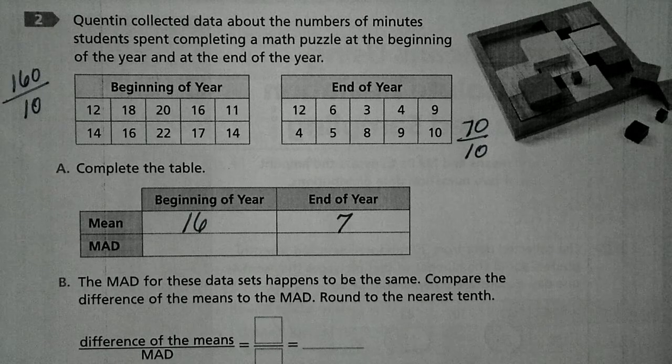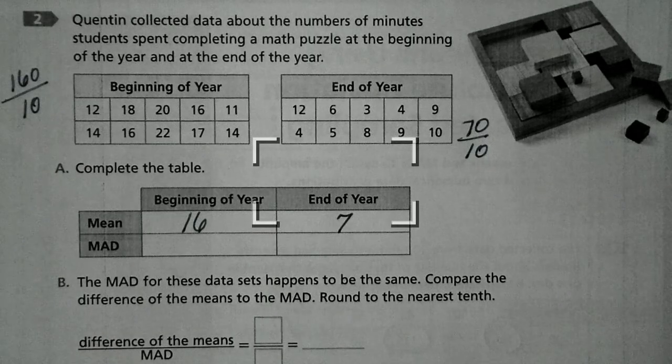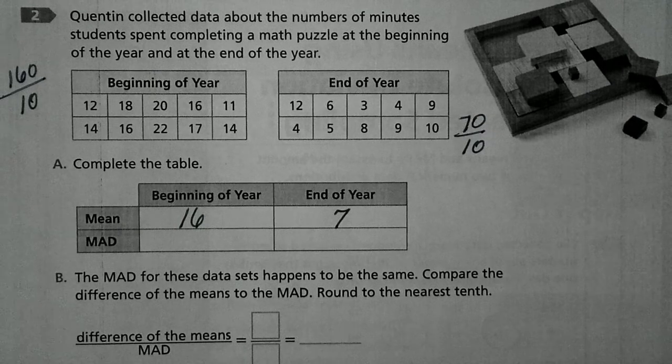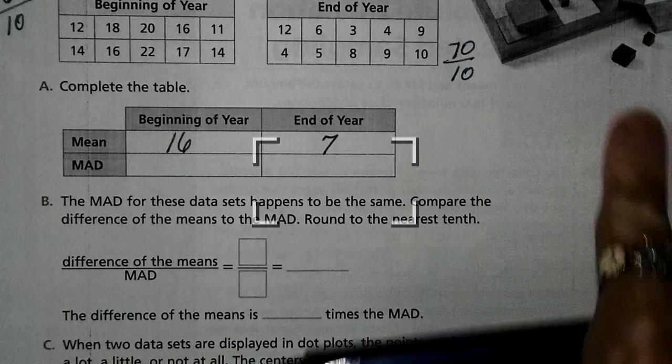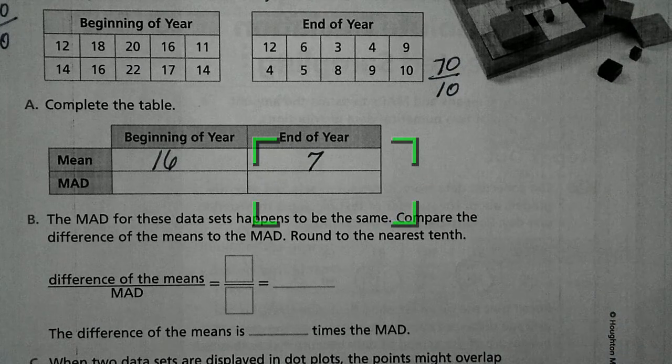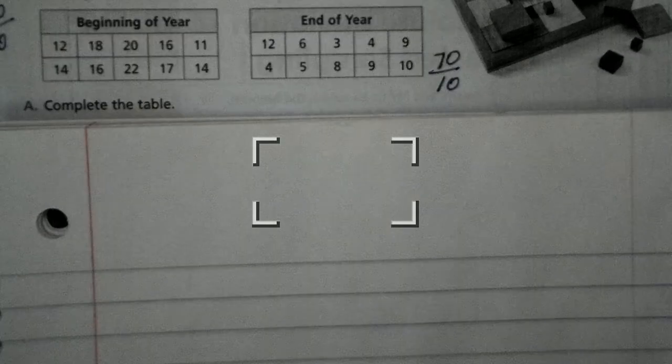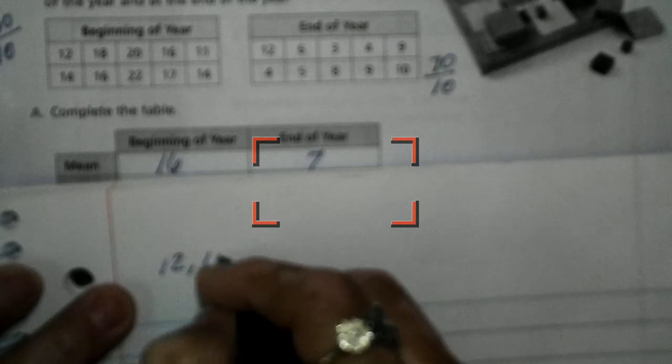Okay, so now we want to find the MAD. So this is where you're going to need your paper, because as you can see, they don't give you much room to do this. So my paper is here. All right, so I'm going to rewrite my points. So 12, 18, 20, 16, 11, 14, 16, 22, 17, and 14.